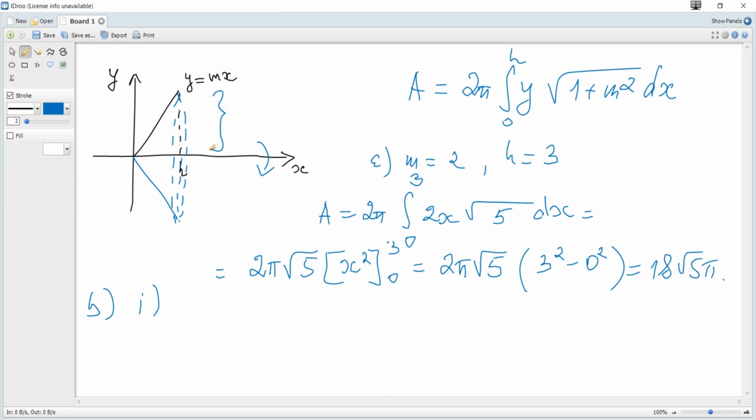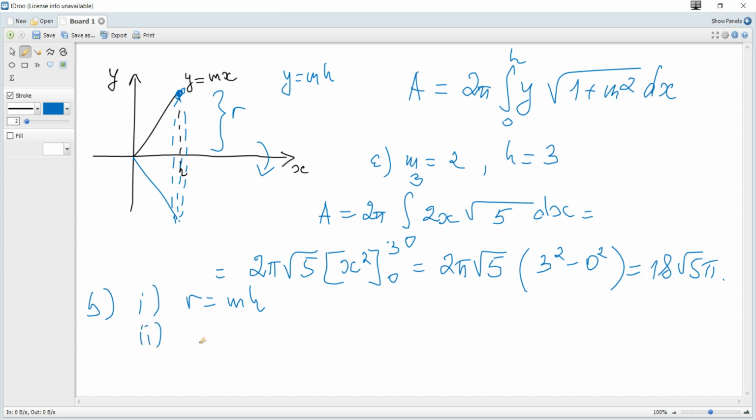We can see that the radius is this distance, the y coordinate of this point, it's hm, because x is equal to h, and this distance is mh minus 0, so the radius is mh.